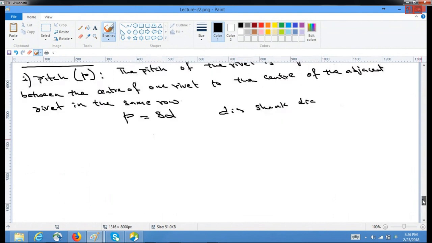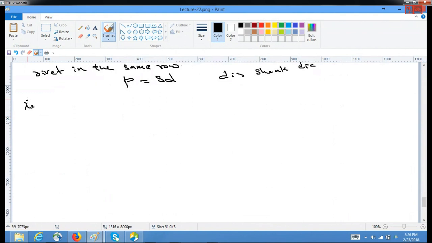Next one is the margin, M. This is like the paper margin.